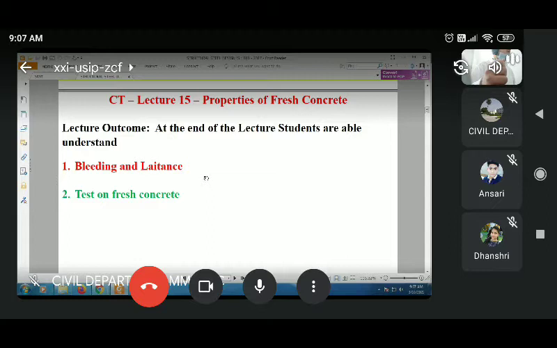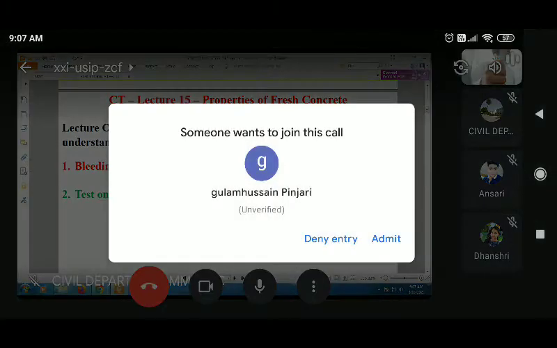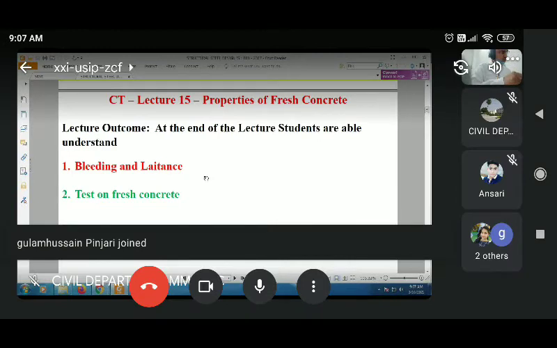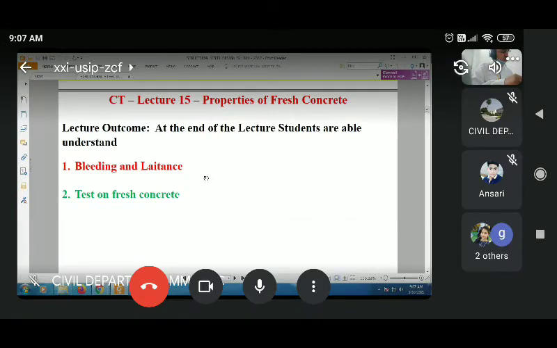And then we have seen the aggregate, different classification of aggregate, properties of aggregate, and tests on the aggregates. Then the water we are using for making and curing of the concrete we also saw.